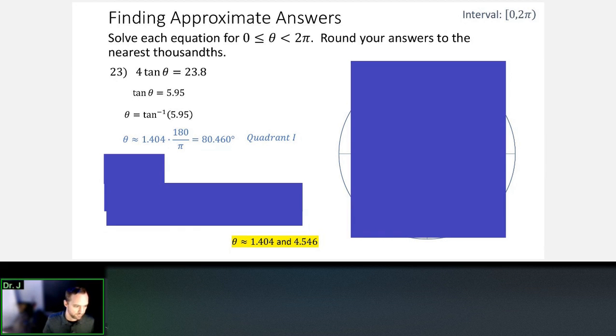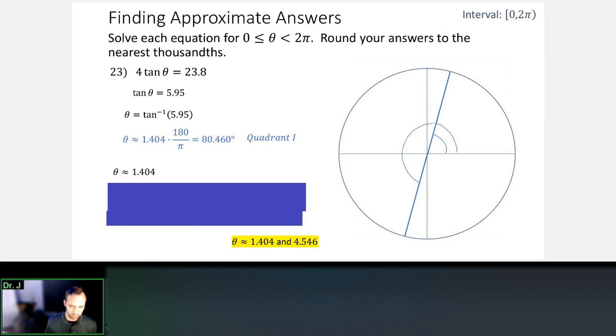All right, so 1.404 is the one solution, and then next we want to create that diagram. It really helps. So over here, I have some stuff already pre-written down, but this represents our first answer at 1.404. And remember, this is tangent.